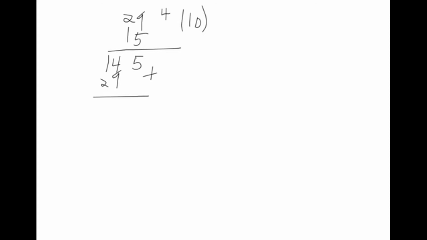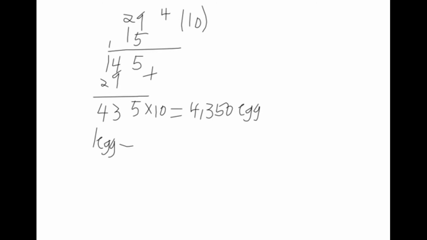Then we add, and we have 435, multiplied by 10, giving us 4,350 eggs. One egg goes for 9 shillings. What about 4,350 eggs will go for how much?